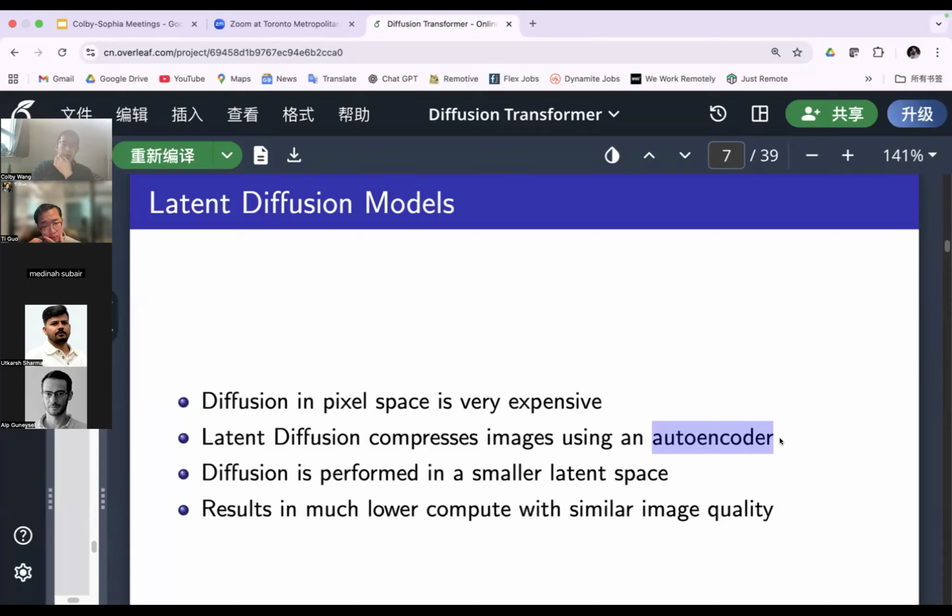When you say you're trying to preserve this location information, you're saying that when the original image gets compressed to 16 by 16, it loses a lot of original details, so how do we get them back? I think because in image generation, we are not trying to copy the original image.